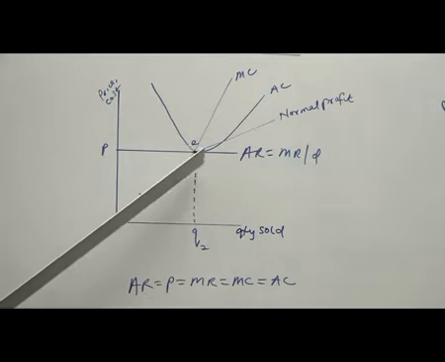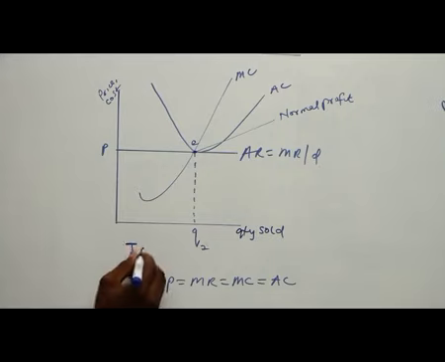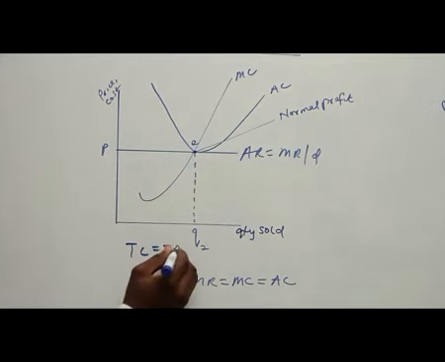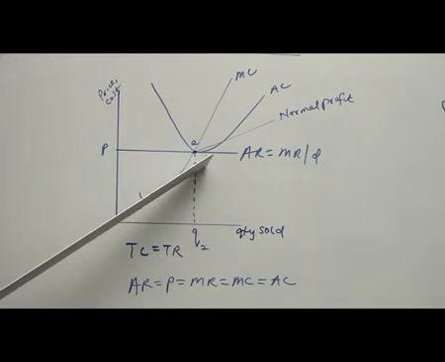At this point, the firm is making what we call normal profit. Normal profit, that is, total cost equals total revenue. And what is happening at this point? It indicates that the firm or the industry is at the long-run period. That's the period where all the firms in the industry will earn normal profit.